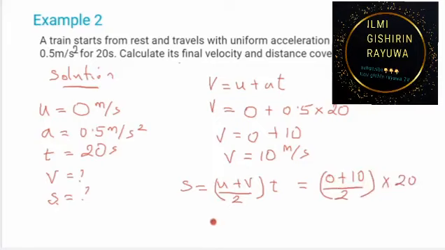So 0 plus 10 is 10. 10 divided by 2 times 20. 10 divided by 2 is 5 times 20. So we're going to have 100 meters. That's our answer. Any of the equations you use that have distance, you'll be able to get the same answer.